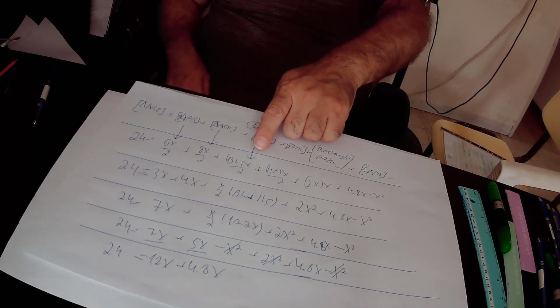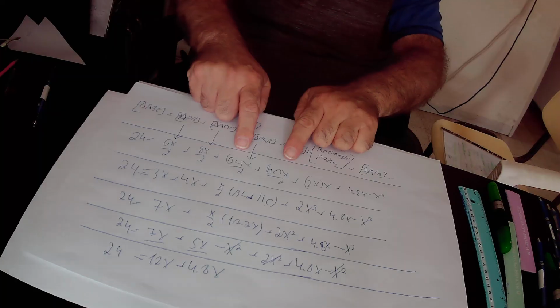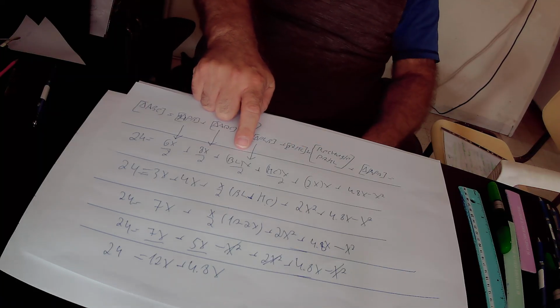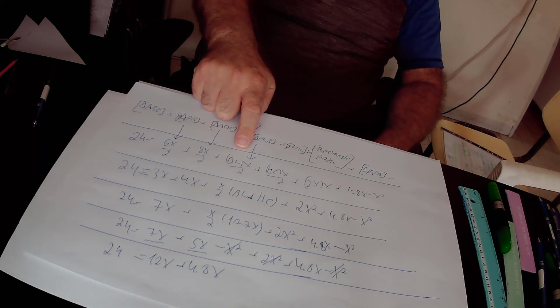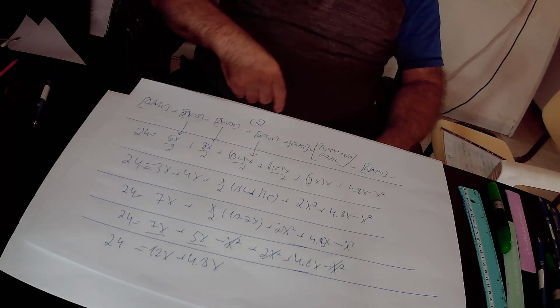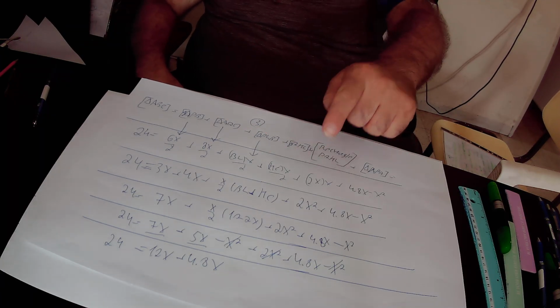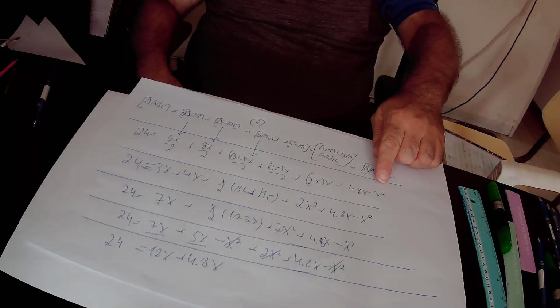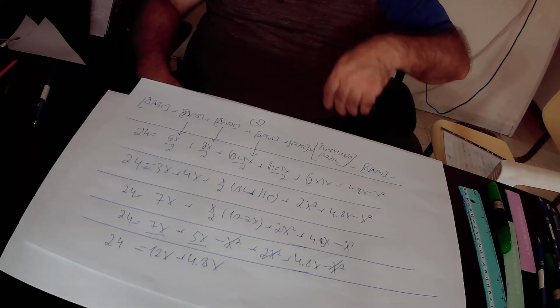Actually, we took x over 2 as a common factor from those two expressions, so what is left from this expression after we took x over 2 as a common factor? It's actually BL. And from the other expression, what's left is actually KC. We have 2x times x is 2x squared plus 4.8x minus x squared.